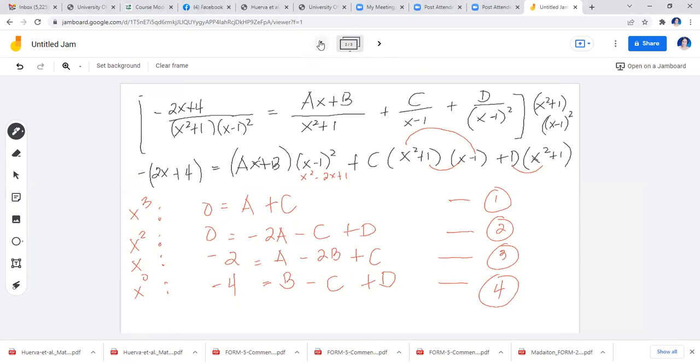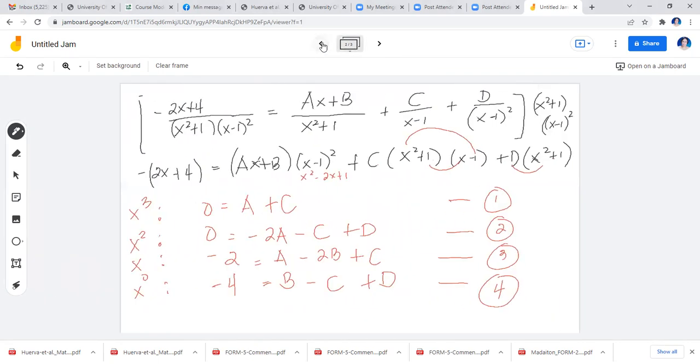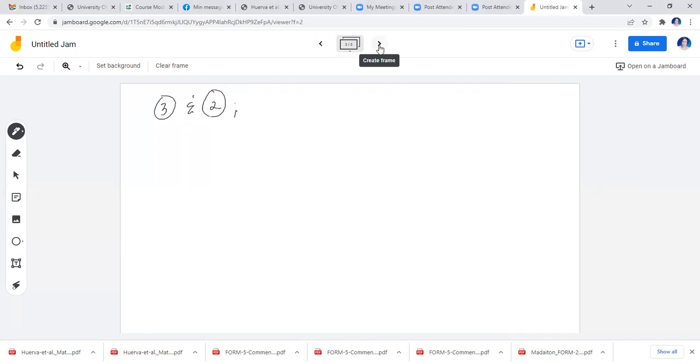You can have 2 and 3 or 3 and 4. So we'll have this 2 and 3. If it's 2 and 3, you have minus 2a minus c equal to d, or rather plus d.